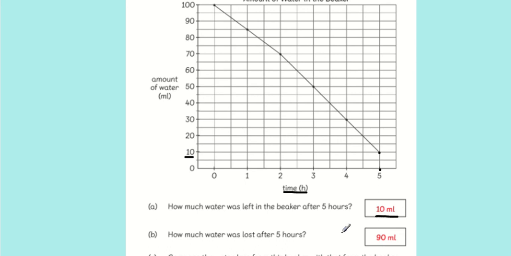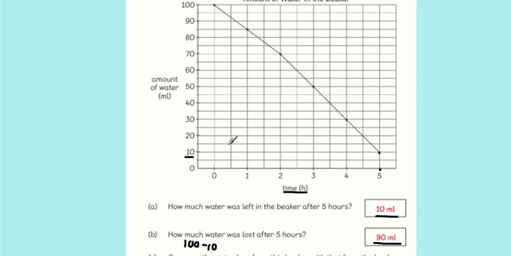Super. How much water was lost after 5 hours? Okay, similar to the question we had before. So we started with 100. At 5 hours, we only had 10, so we do 100 minus 10 because we're finding that difference, and we get 90 millilitres.